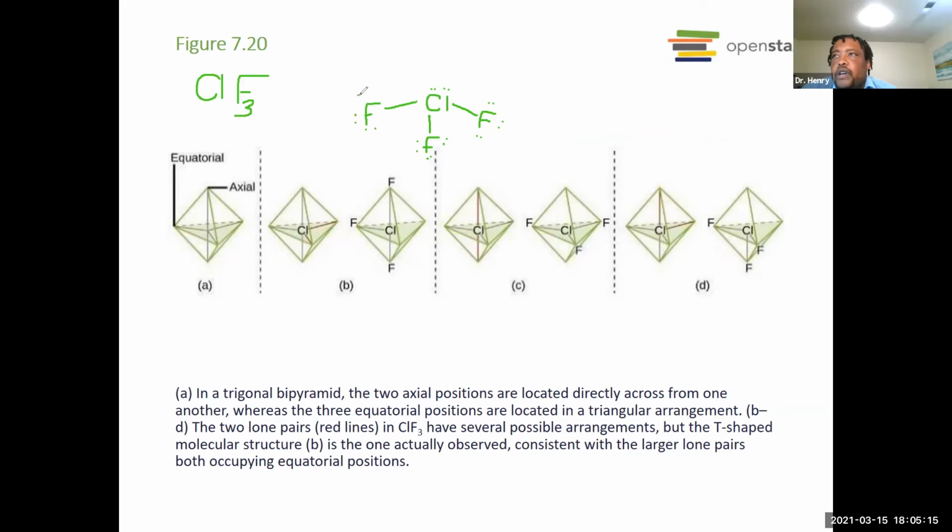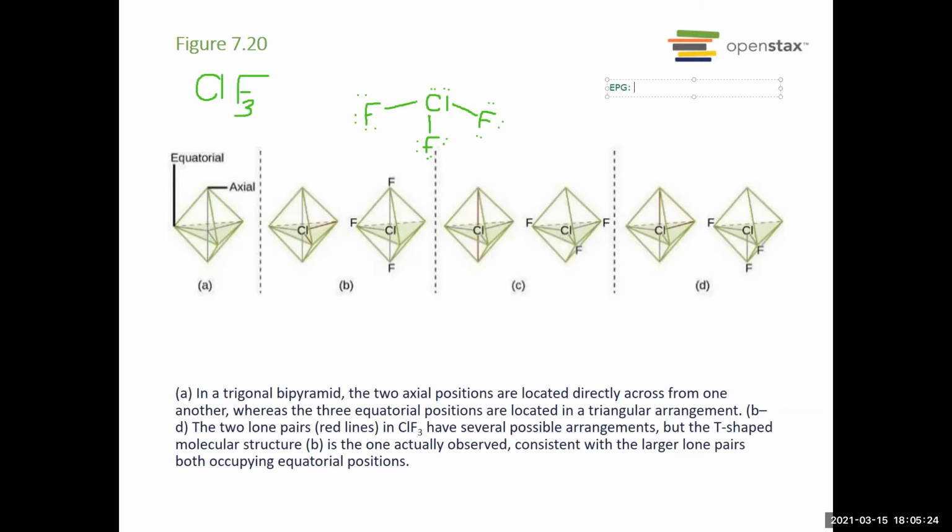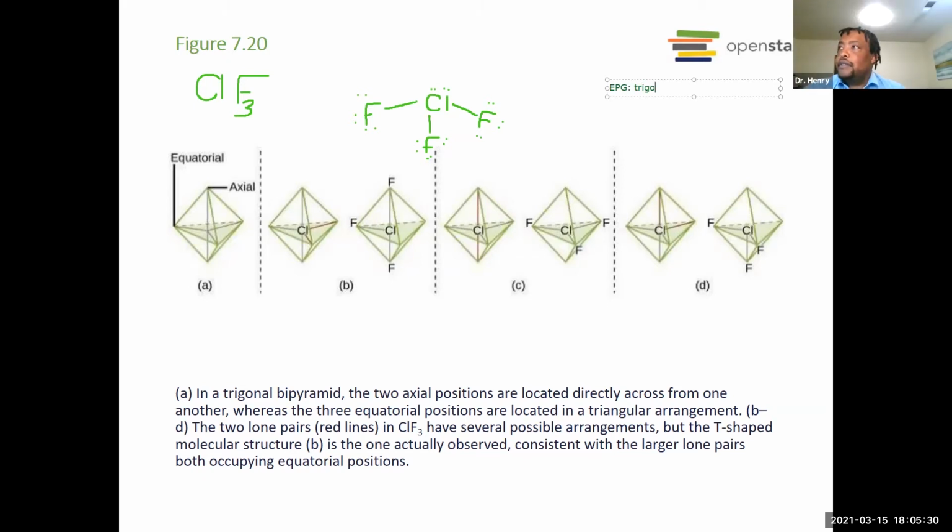So its electron pair geometry is going to be what? Trigonal bipyramidal. Okay. So it has 5 attachments, so it's going to be trigonal bipyramidal.